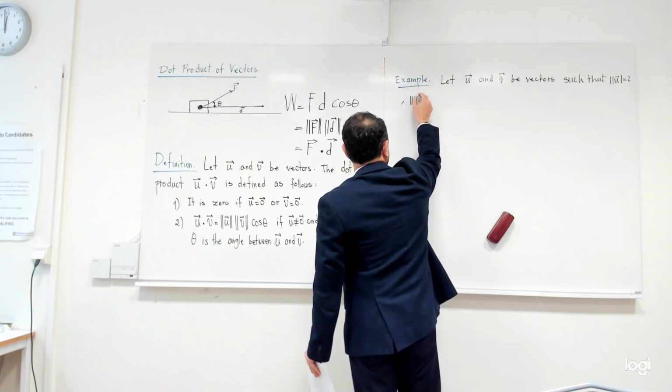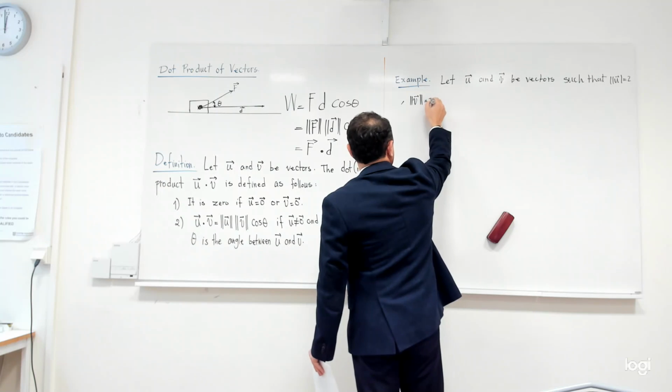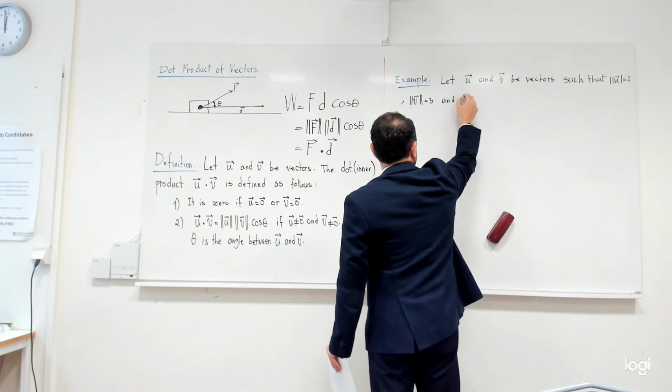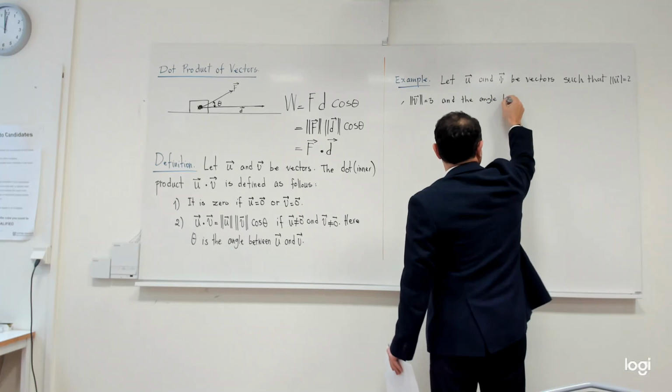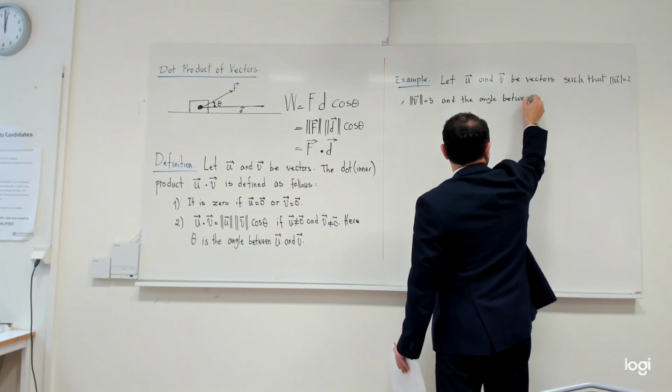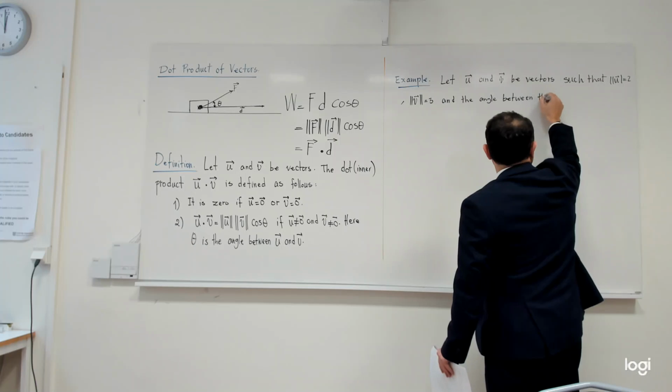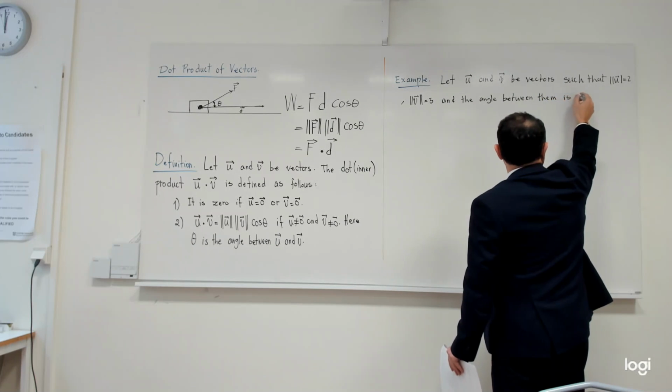The norm of v is, say, 3, and the angle between them is 30 degrees.